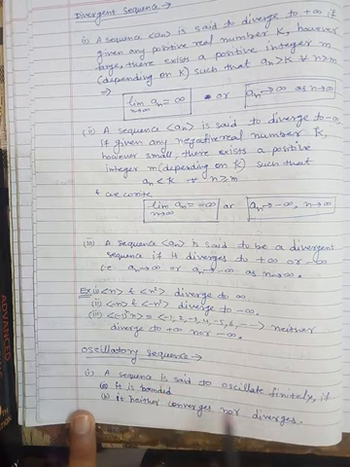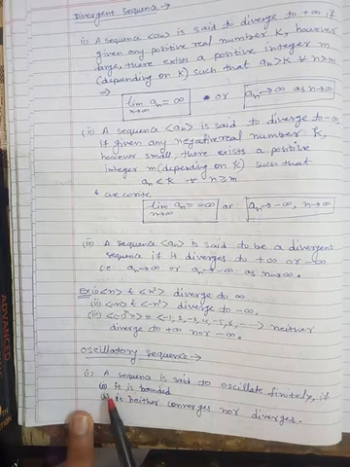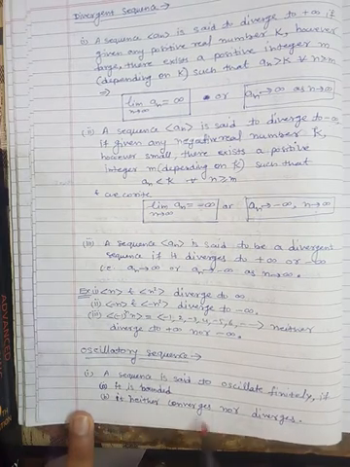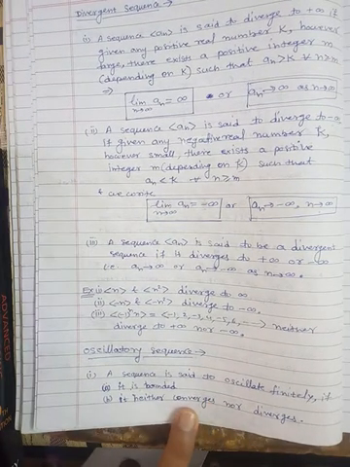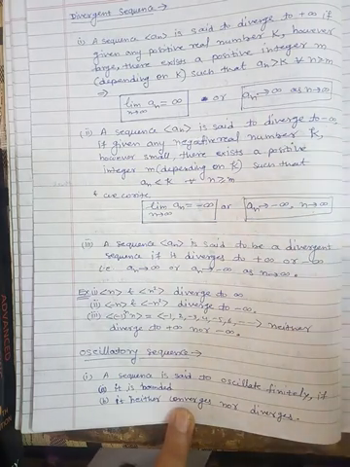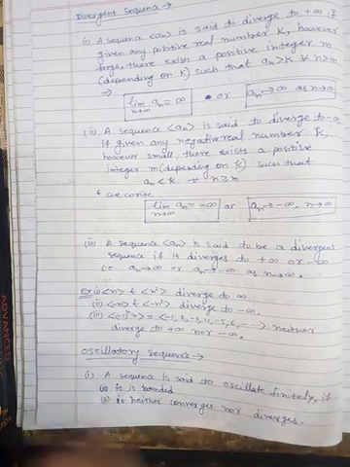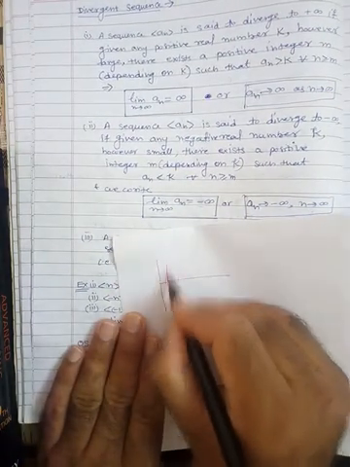A sequence is said to oscillate finitely if, number one, it is bounded, and second, it neither converges nor diverges. So this sequence follows neither the definition of convergence nor the definition of divergence which we have discussed, but the sequence is bounded. We have this kind of pattern.